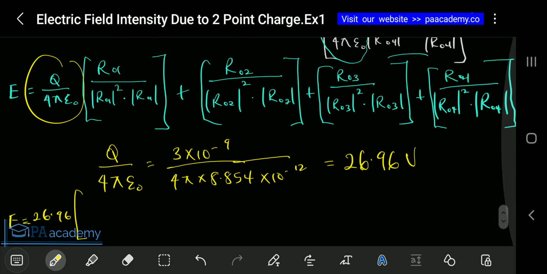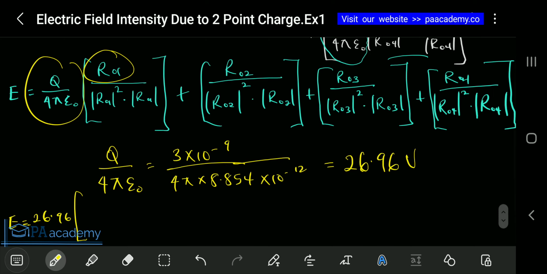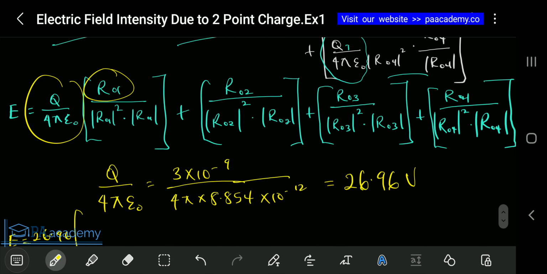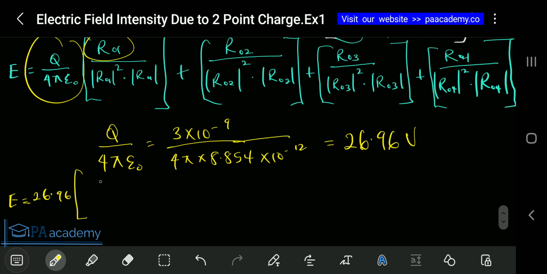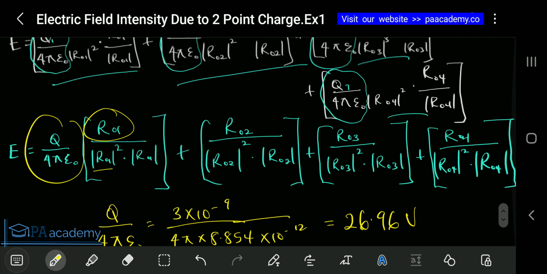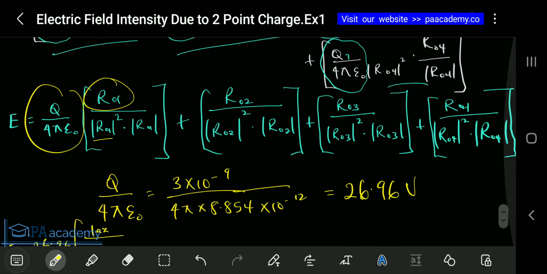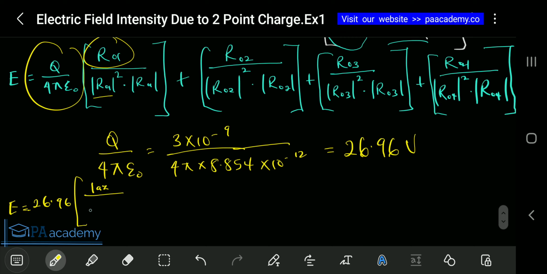So our RO1, let's start with this. Our RO1 is 1 AZ. So we are having 1 AZ over the magnitude of RO1, which we got to be 1, so that will be over 1 squared multiplied by 1.